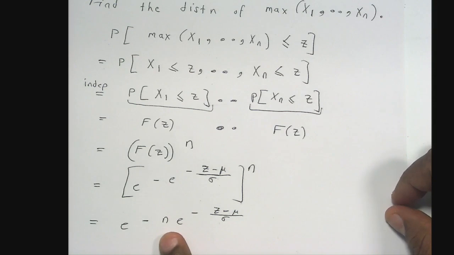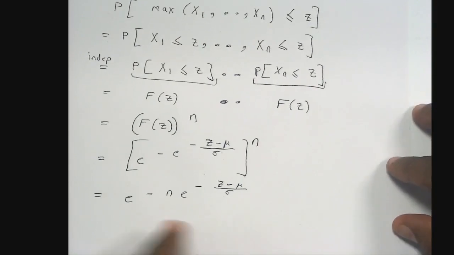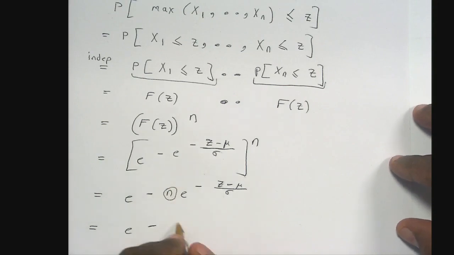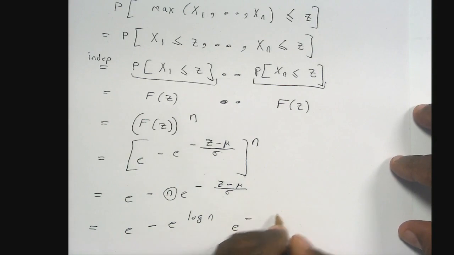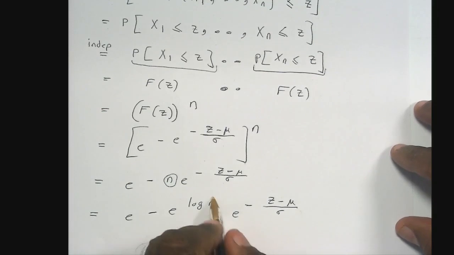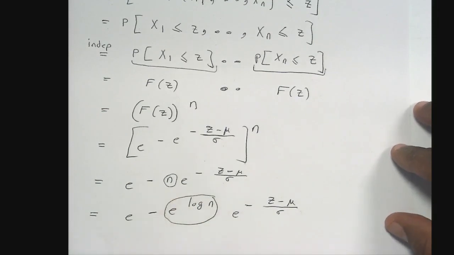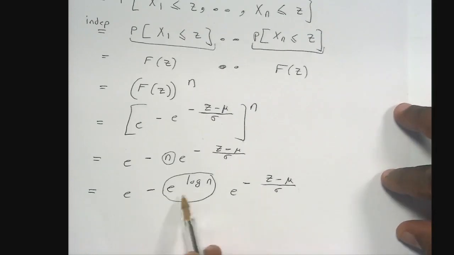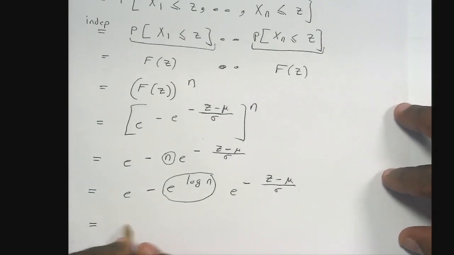Yes. Okay, now in place of n, I'm going to apply the following trick. We can write n here as e to the log of n. Do you see what I've done? I have replaced n by e to the log of n. Same, right? Now because you have two e's, you can combine them into one.